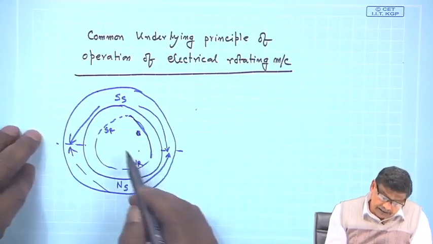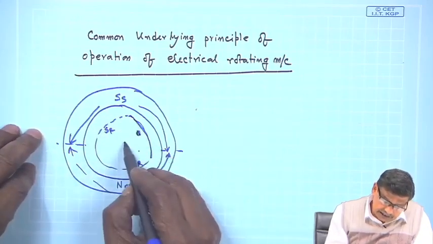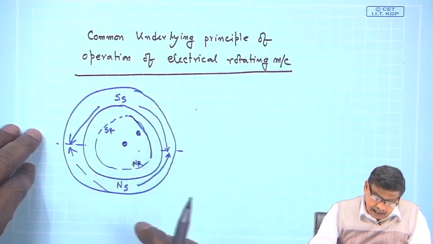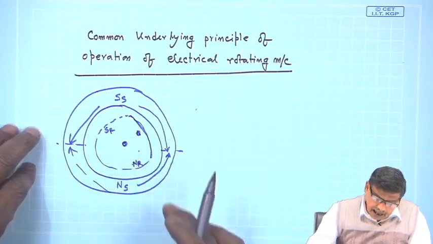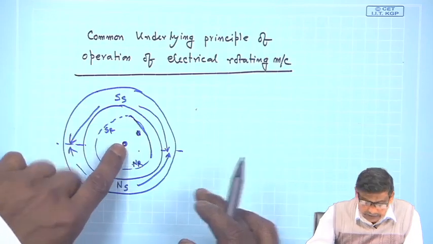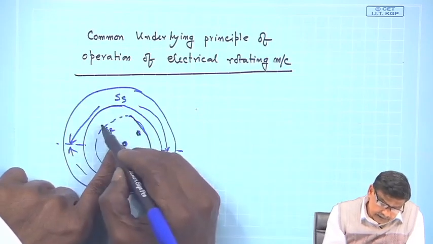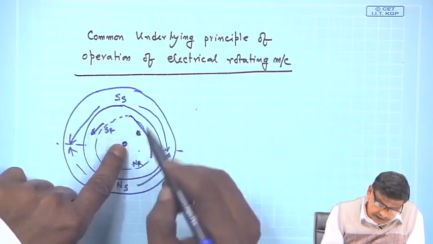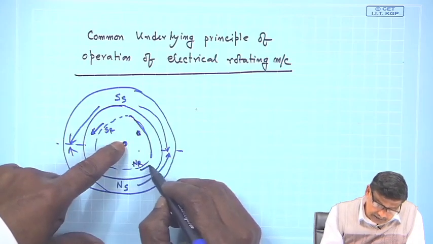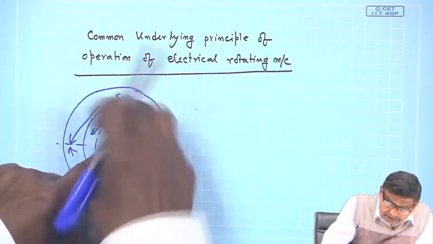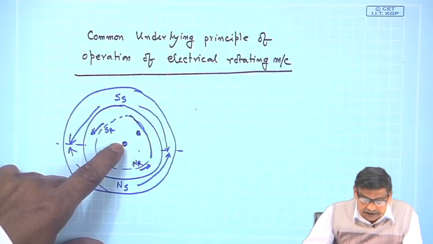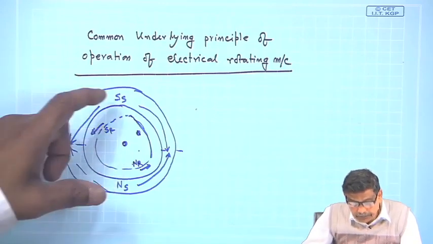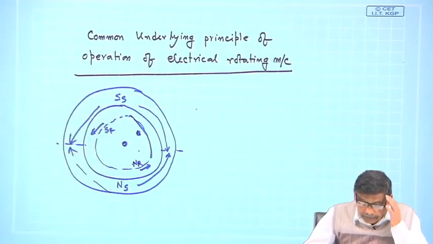Now, suppose it is in this position and there is a shaft here, and if I hold it by hand, the torque experienced by the rotor will be like this, and it will have a tendency to move in the anti-clockwise direction, because SR will be repelled by SS and so on.